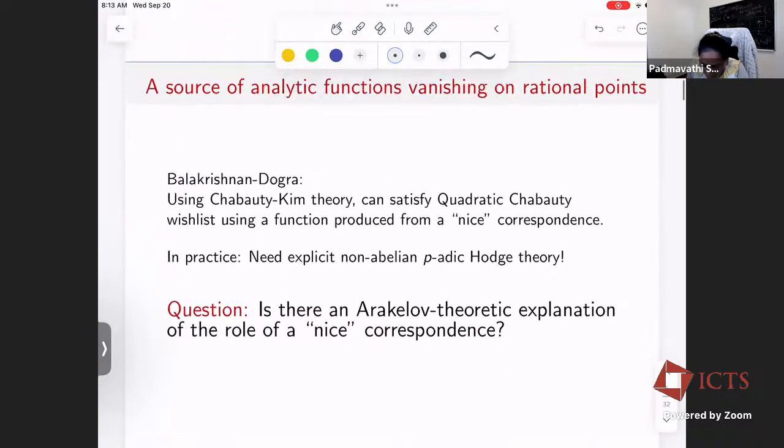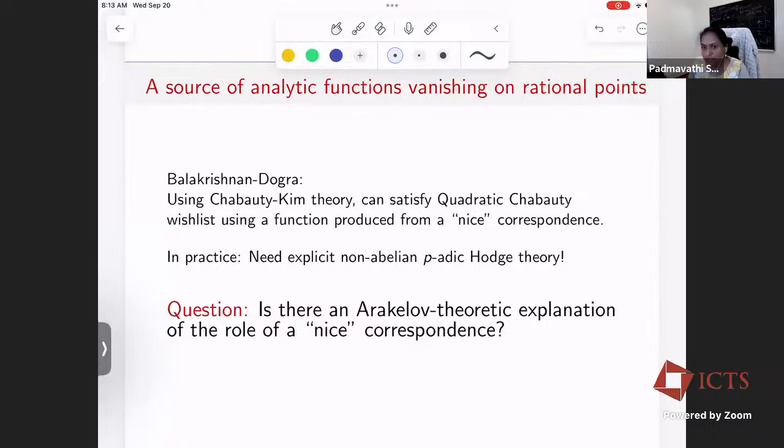So our motivation when we started this project was to try and see if we could circumvent the use of any p-adic Hodge theory. The initial data going into the quadratic Chabauty machine is rather geometric. It's this data of an extra line bundle on the Jacobian.